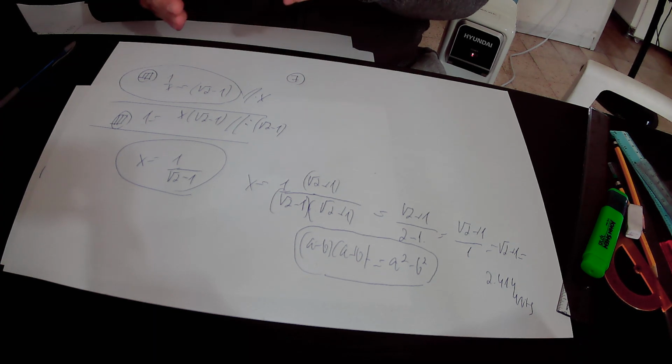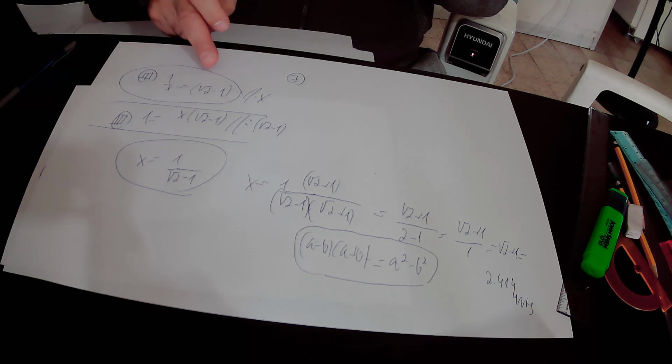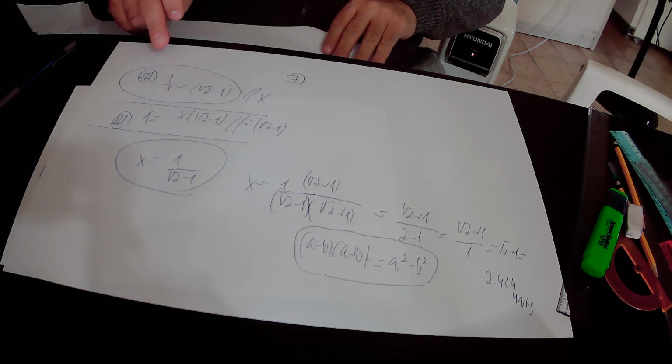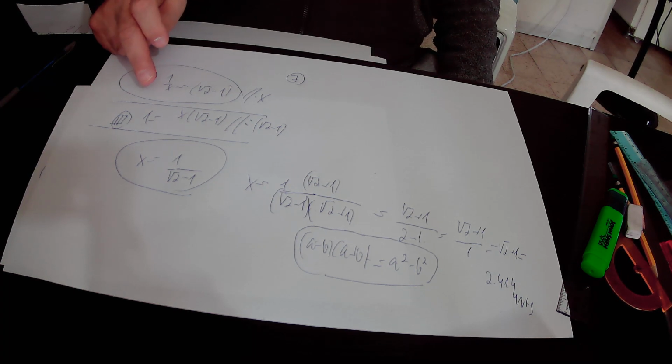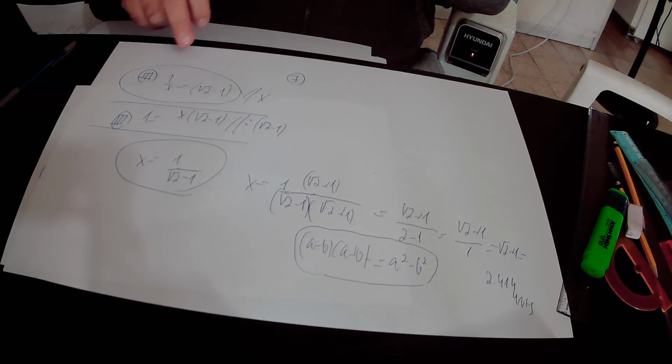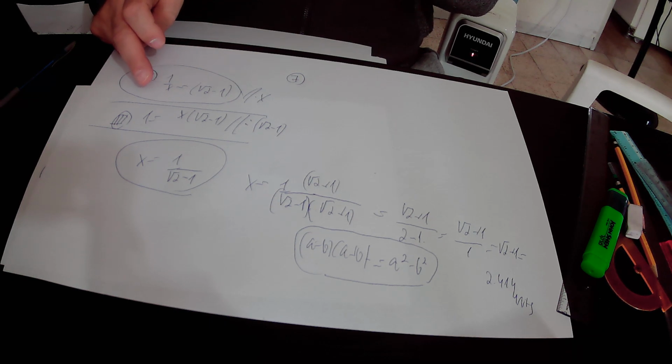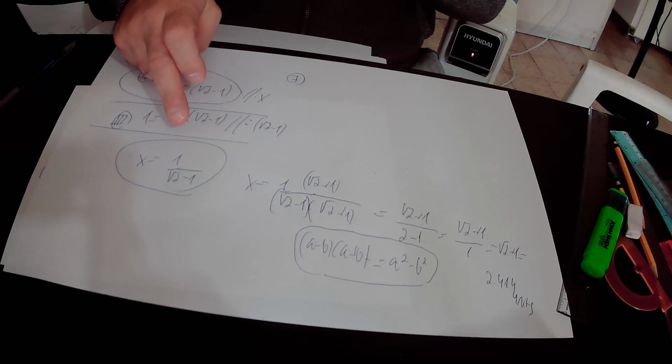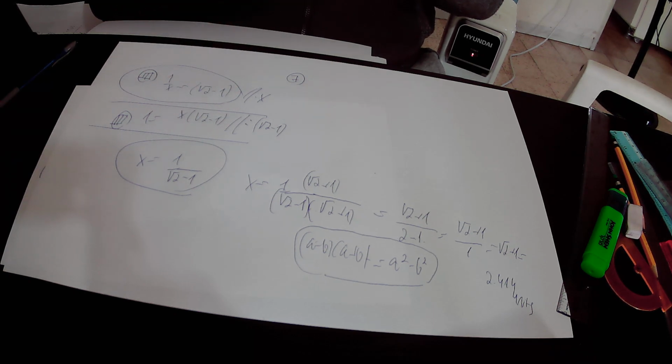So according to equation number 3, we found that 1 over x equals the square root of 2 minus 1. Here we multiply this equation number 3 by x, and we found that 1 equals x times the square root of 2 minus 1. Here we divide this equation by the square root of 2 minus 1, and finally found that x equals 1 over the square root of 2 minus 1.